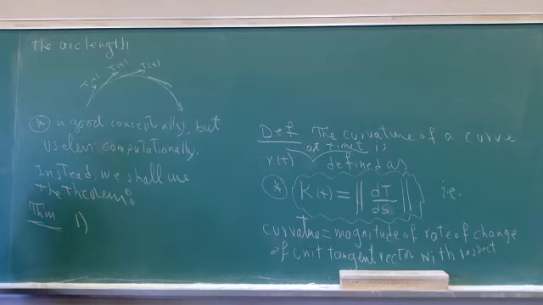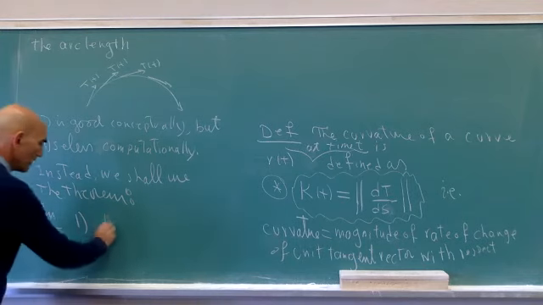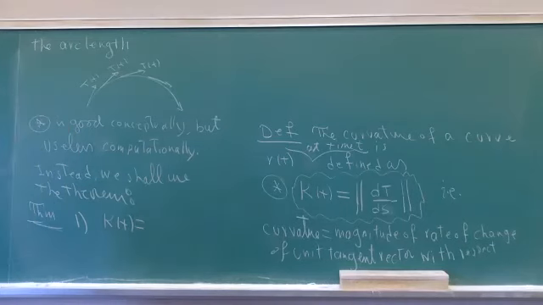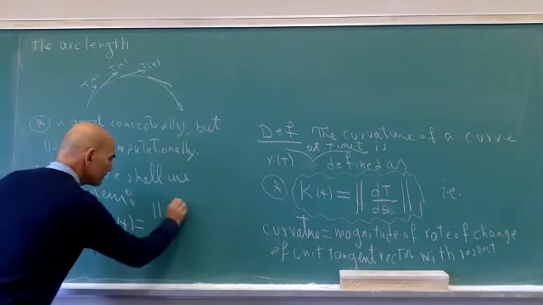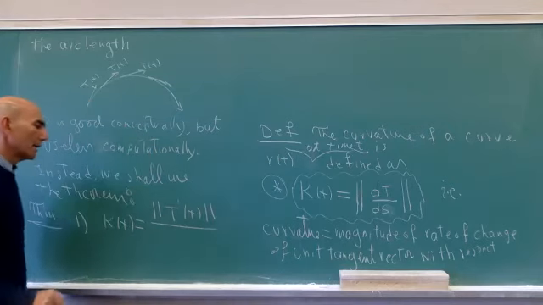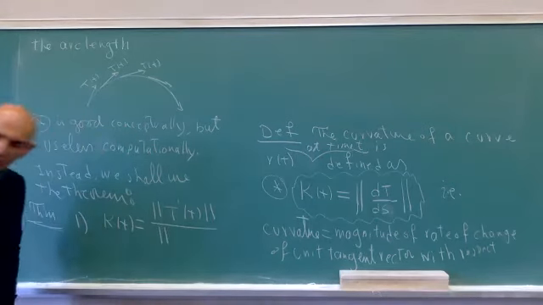First of all, one is that kappa of t is equal to, there is a very nice formula for this, the norm of T prime of t divided by the length of r prime of t.